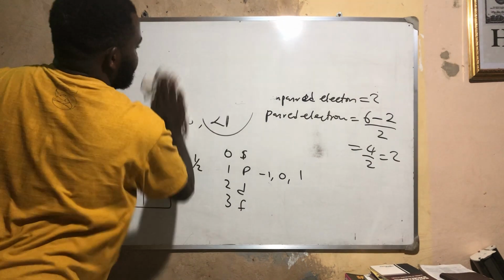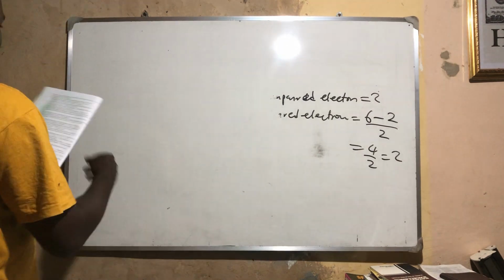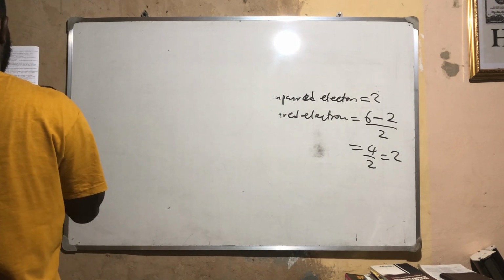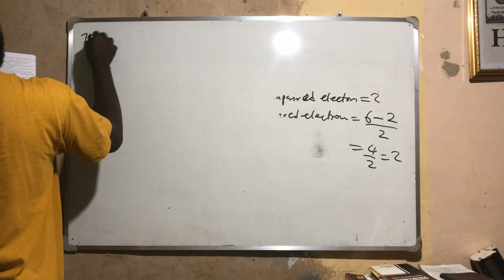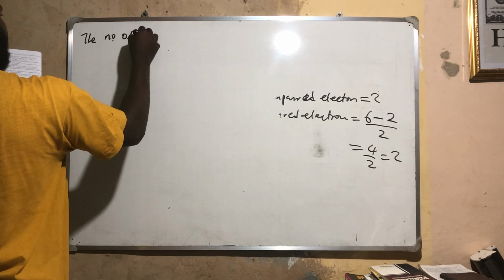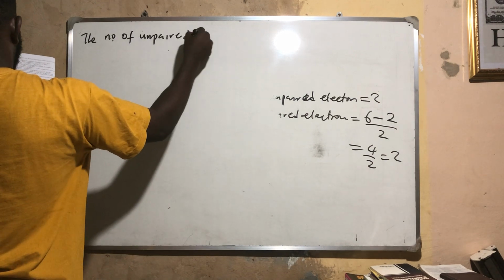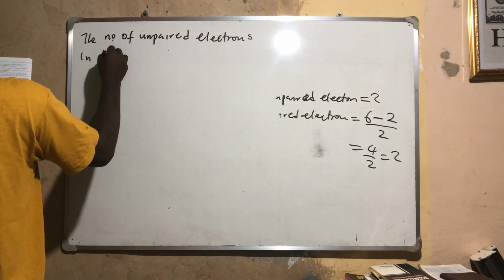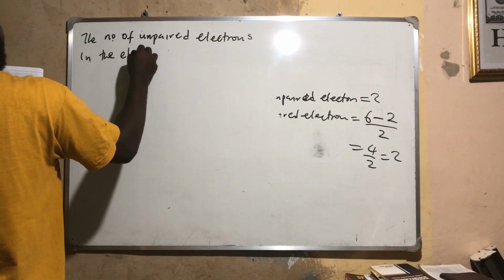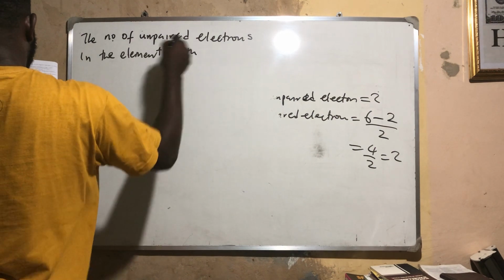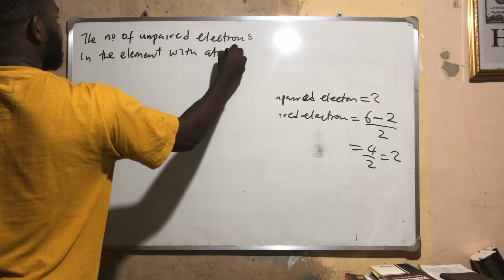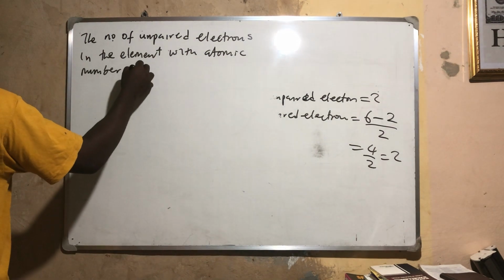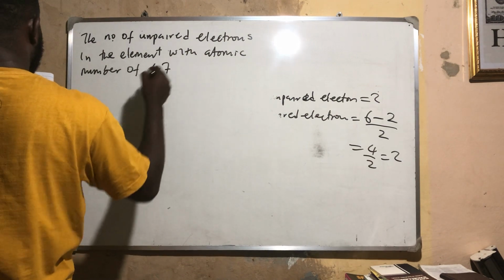The next question said: the number of unpaired electrons in the element with atomic number of 47 is dash.